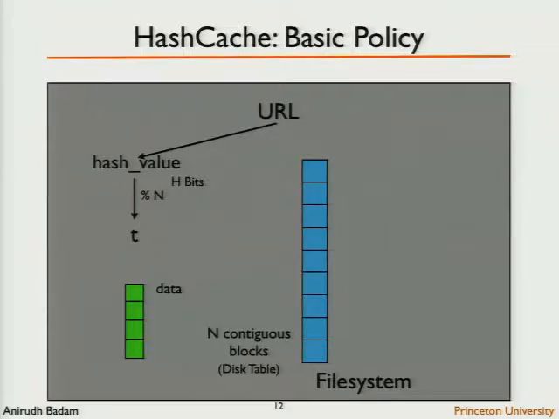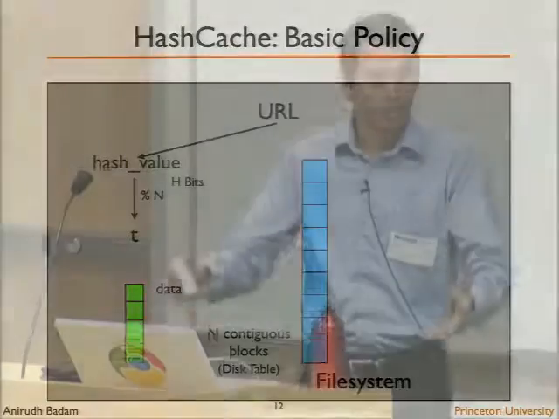So here's the first HashCache basic policy that essentially talks about how to build these indexes. Let's say you have a URL, and the data corresponding to this URL is these 4 blocks of green data that I've shown you. What HashCache does is it takes an h-bit hash value of the URL. It uses some hash function to obtain h bits, and it uses a part of the storage system as an on-disk hash table.